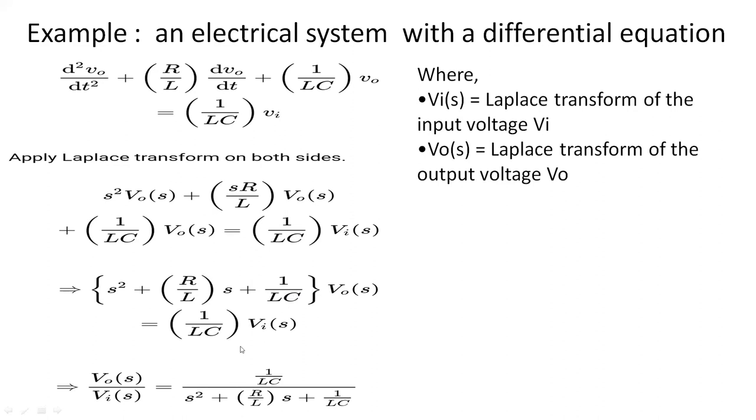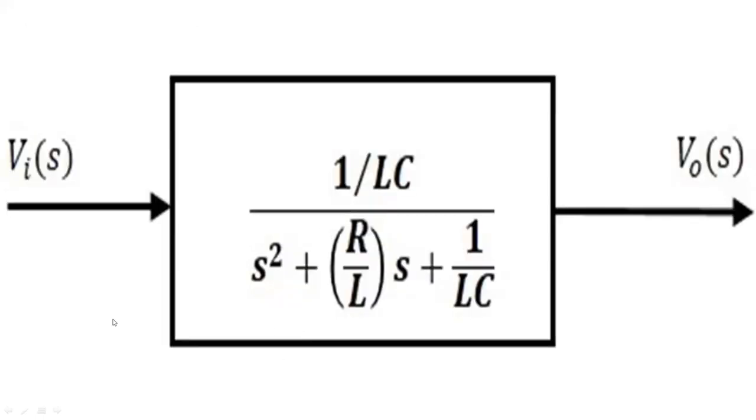Vi of S is the Laplace transform of the input voltage Vi, and V0 of S is the Laplace transform of the output voltage V0. This is the transfer function of a second order electrical system because we have S square. So V0 of S by Vi of S is equal to 1 by LC divided by S square plus R by L S plus 1 by LC. This is the transfer function.